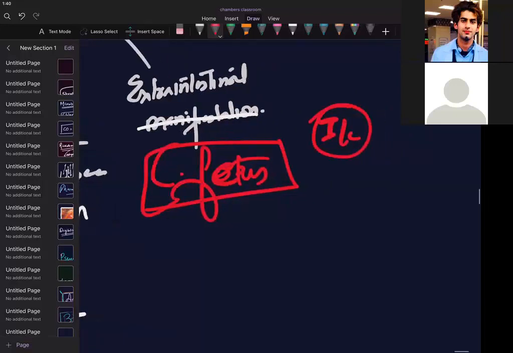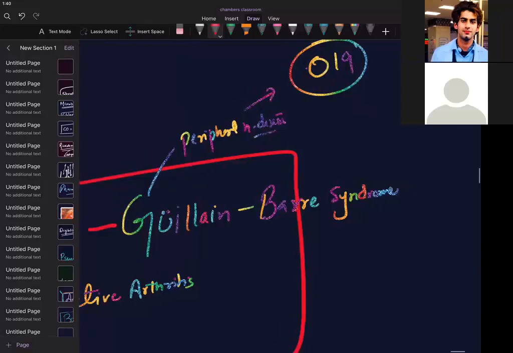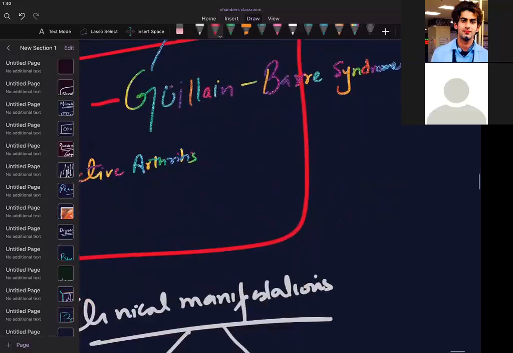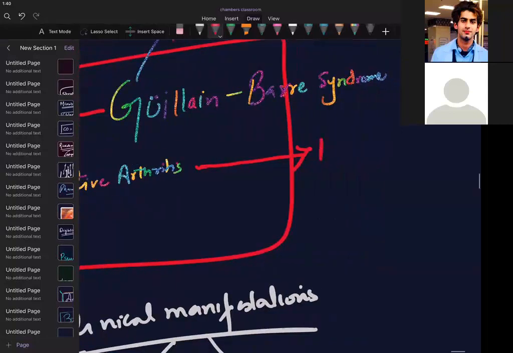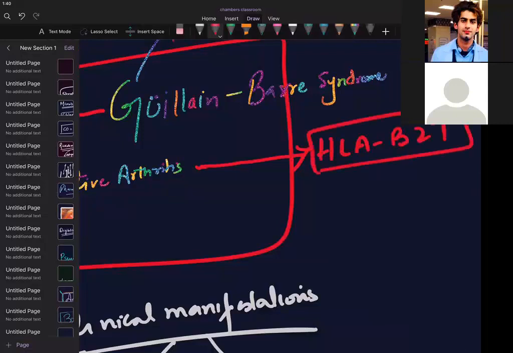If they ask you why reactive arthritis is happening: it will happen in those patients who have a genetic makeup, which is HLA-B27. A person having HLA-B27 can also have ankylosing spondylitis.